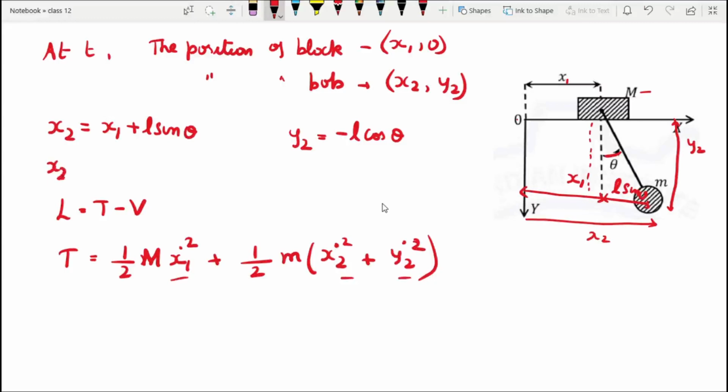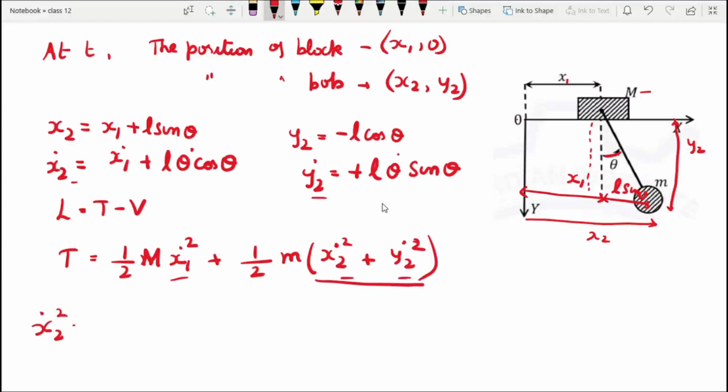So x2 dot will be nothing but x1 dot plus L into theta dot into cos theta, right? And y2 dot is minus of L theta dot minus sin theta you will be getting, so it will become plus. Now substitute the value of x2 dot and y2 dot here. We will simplify this separately.